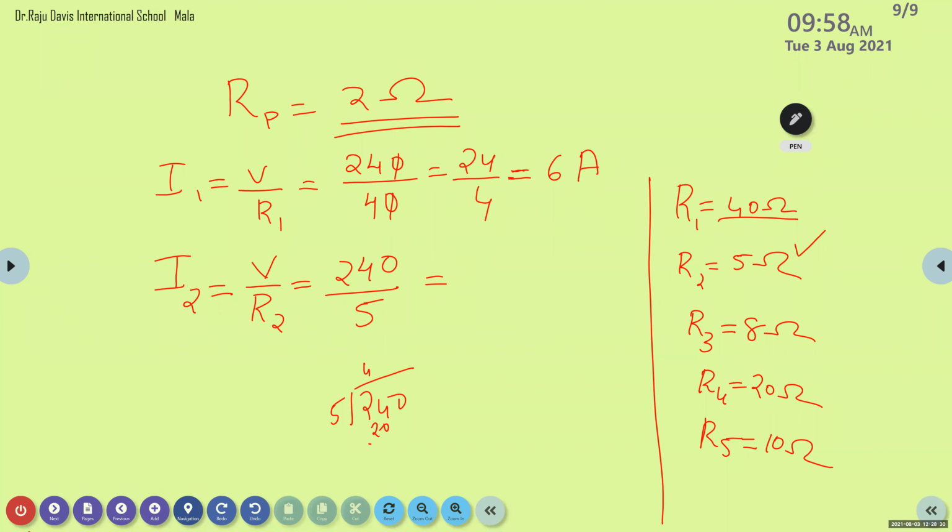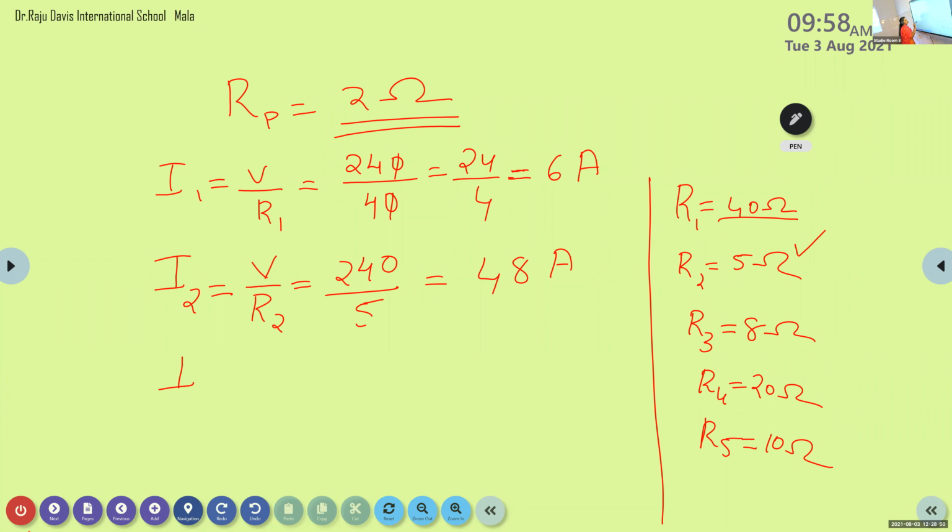It is 48, right? Very good. So here we get 48 ampere. 48 ampere is the current that is passing through the resistor R2.